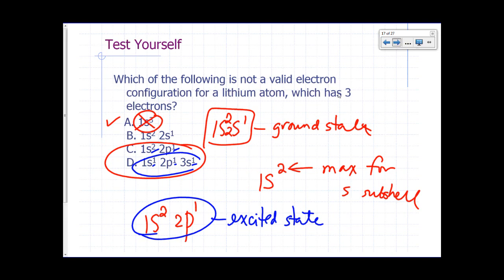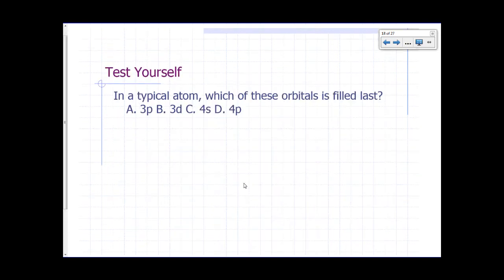Okay? Let's take a look at this one. In a typical atom, which of these orbitals is filled last? Okay, so you go to your pattern, your sequence.